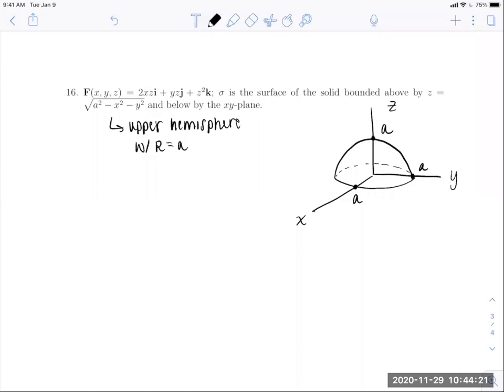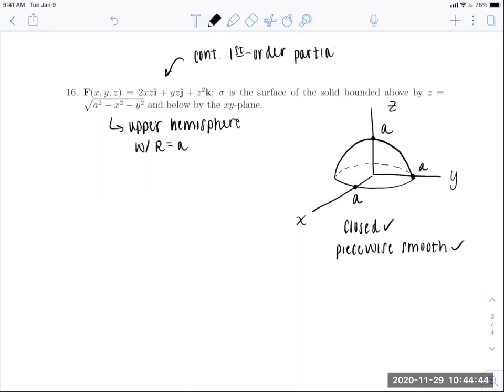But I'll note that this solid is closed and it's also piecewise smooth. We also have continuous first order partials for our vector field. So just making sure that we can apply the divergence theorem here. So let's go ahead and set it up.